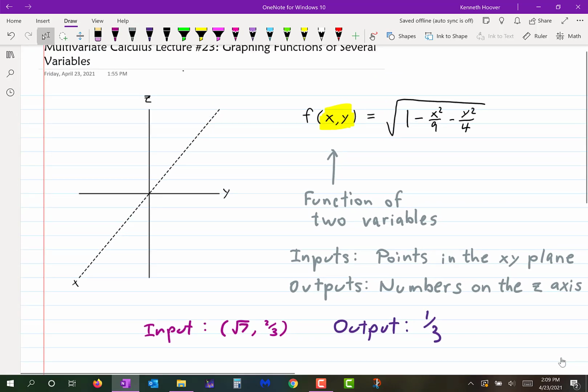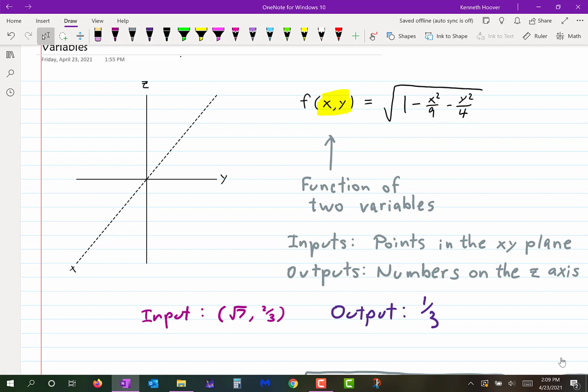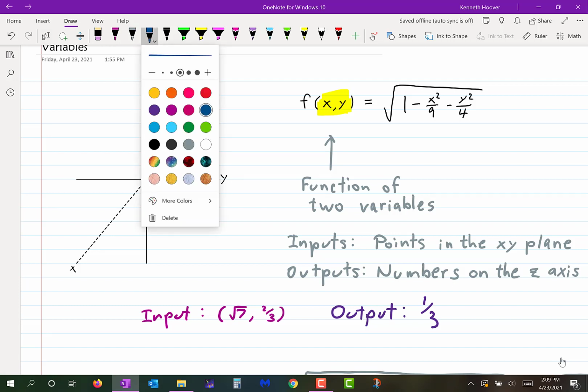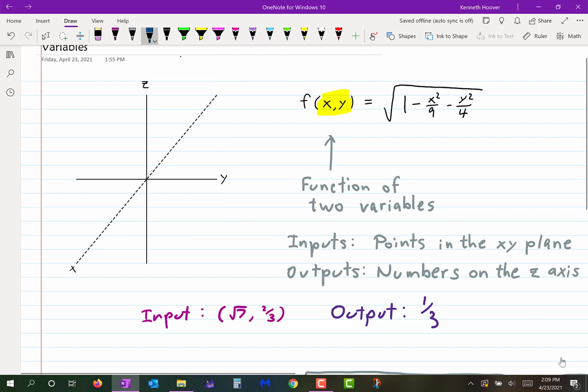Now, what would be the corresponding point on the graph? Okay, let's write that down.